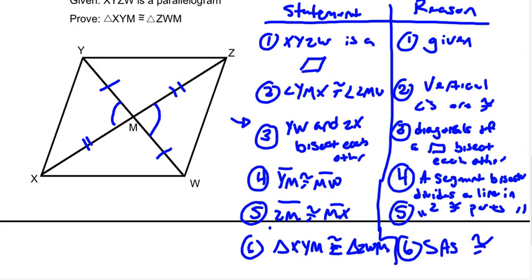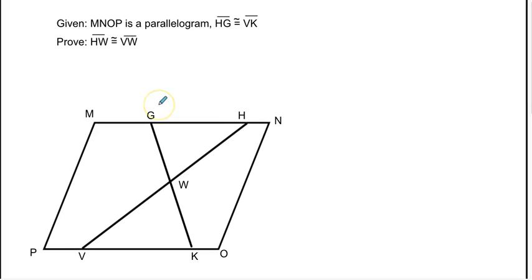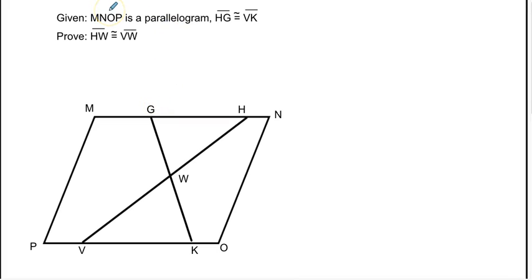Okay, let's do 2 more proofs. They're getting a little more difficult now. First, we know MNOP is a parallelogram. So this guy right here is a parallelogram, and HG is congruent to VK. We're trying to prove that HW is congruent to VW.